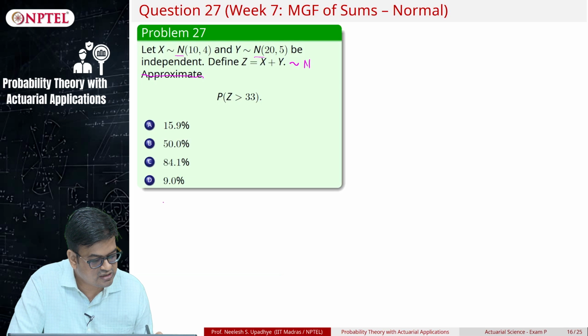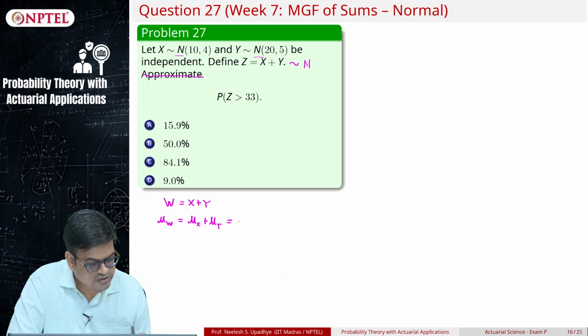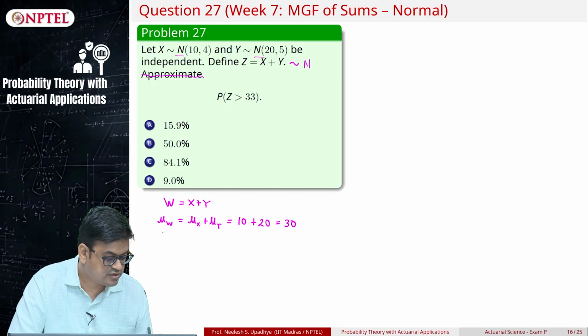So, essentially the resultant, if you call that as some w equal to x plus y, then mu of w will be equal to mu of x plus mu of y, which is 10 plus 20, which is equal to 30. No brainers here.